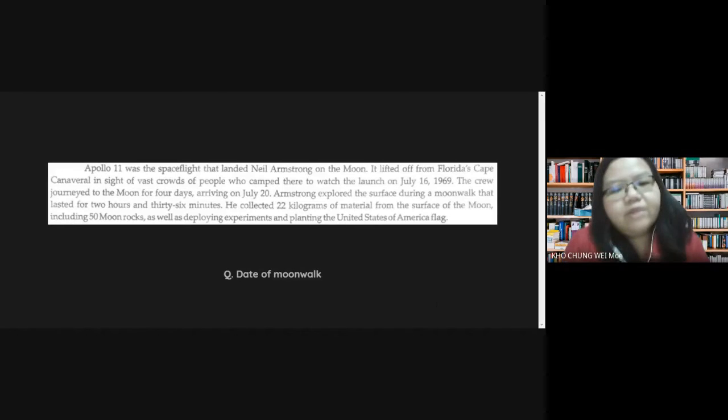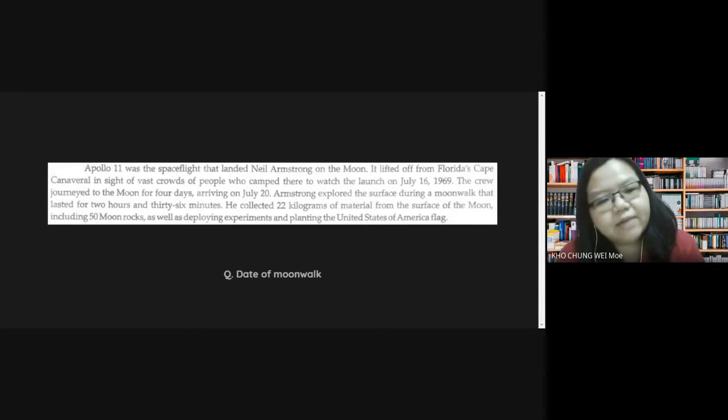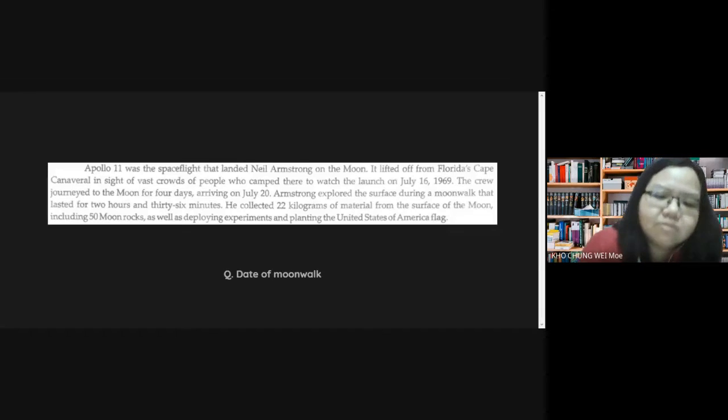Apollo 11 was a space flight that landed Neil Armstrong on the moon. It lifted off from Florida's Cape Canaveral inside of vast crowds of people who camped there to watch the launch on July 16, 1969. The crew journeyed to the moon for 4 days, arriving on July 20. Armstrong explored the surface during a moonwalk that lasted for 2 hours and 36 minutes. He collected 22 kilograms of material from the surface of the moon, including 50 moon rocks, as well as deploying experiments and planting the United States of America flag.